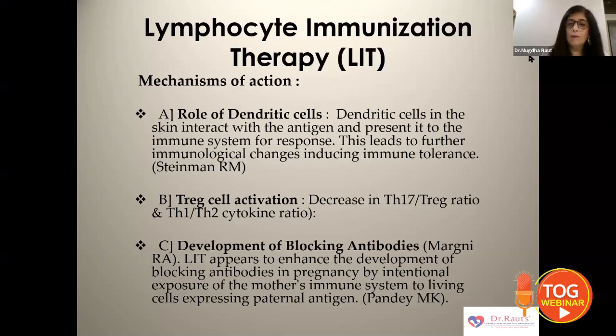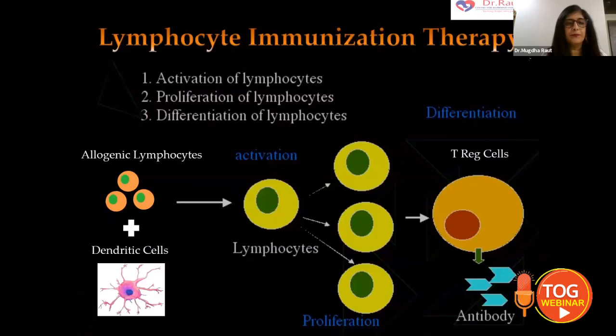According to Magni, there is a development of blocking antibodies. LIT appears to enhance the development of blocking antibodies in pregnancy by intentional exposure of the mother's immune system to the living cells expressing paternal antigens. I've just shown this in a small diagram.